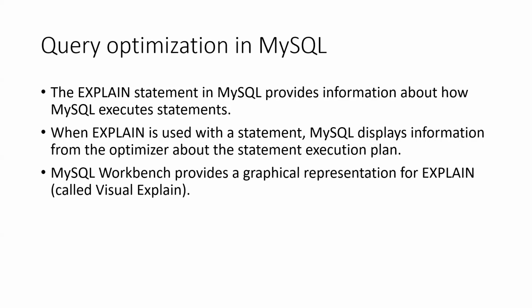So if you use explain in a statement, it displays the information it is getting from the optimizer and the statement execution plan. And there is a graphical representation as well. What I showed you last time is only the command line interface. But then you can use a graphical representation where you can visually observe how the execution happened for a given query.